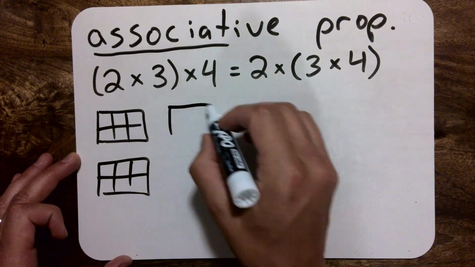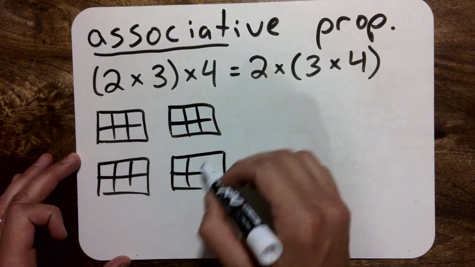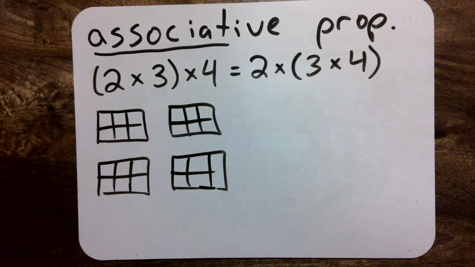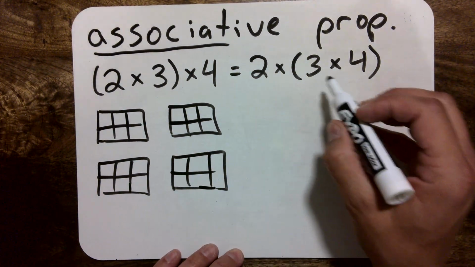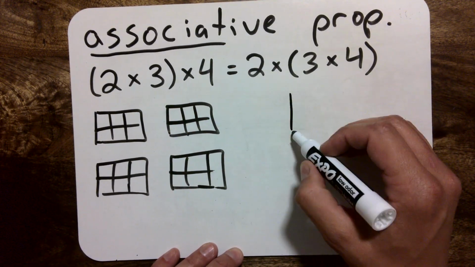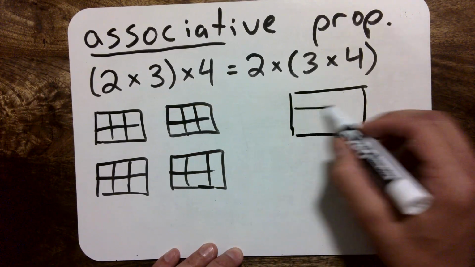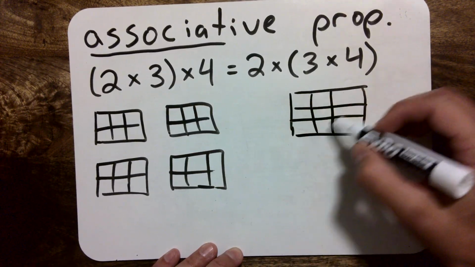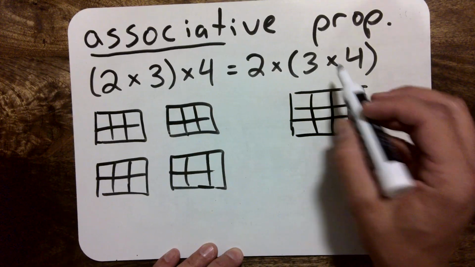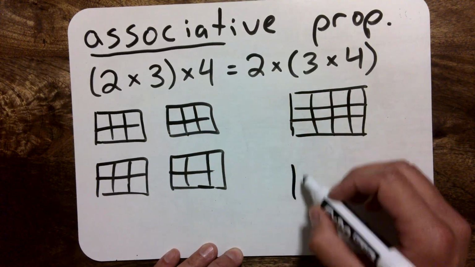Okay, so there's a second one, third one, and then a fourth one. Okay, and then on the right-hand side, we want area models. We have 3 rows of 4. Okay, so that's one group of 3 by 4, and we need 2 of those.